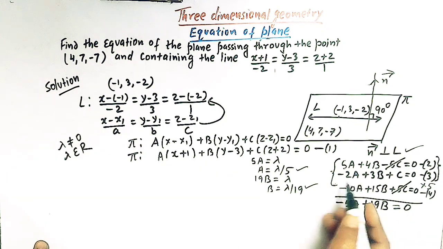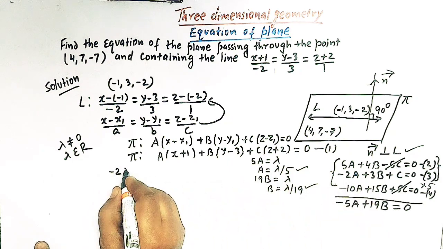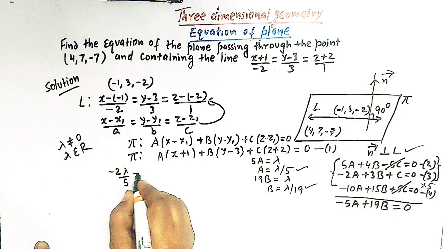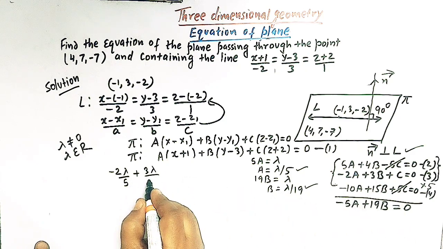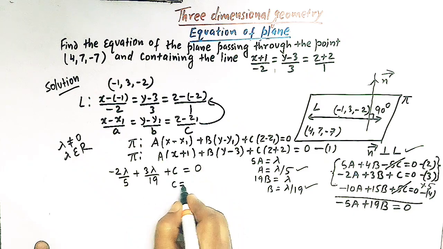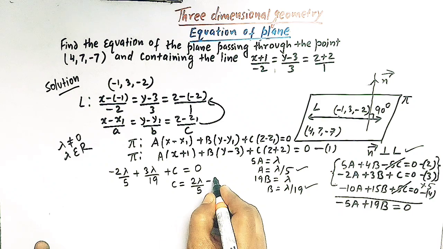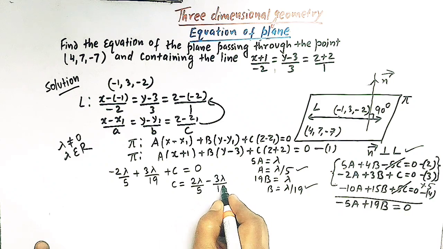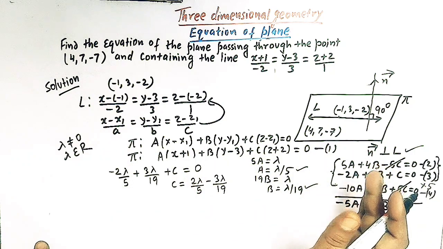So now we have minus 2a, a is lambda over 5, then we have 3b, so we have 3 lambda over 19, and plus c is equal to 0. So c is now 2 lambda over 5 minus 3 lambda over 19. So taking these two terms to the right hand side.